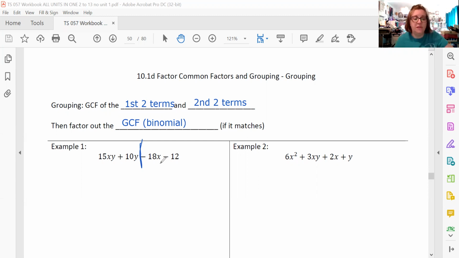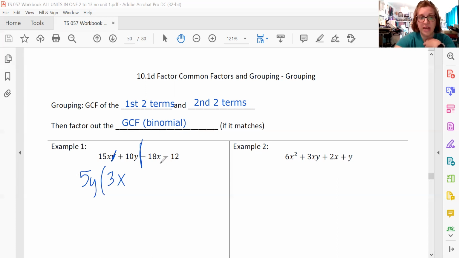So I'm going to look at 15xy plus 10y and say to myself, 15 and 10 are both multiples of 5. I know I can pull 5 out of both of those. And they also both have a y, so I'm going to factor that out as well. If I take 5y out of 15xy, I'm left with 15 divided by 5 is 3, and if I take the y away, I'm left with x.